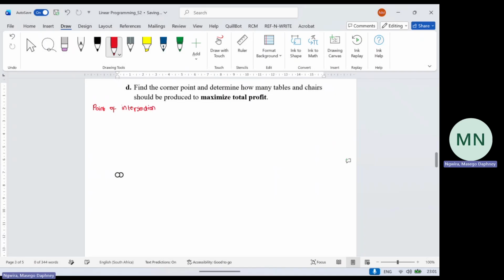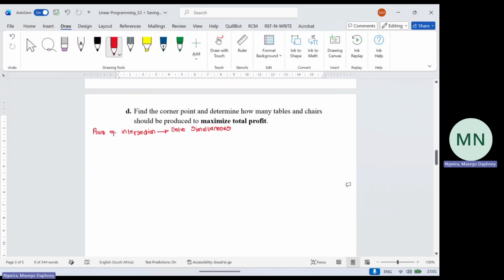For us to find this point, we have to solve simultaneously. Those who did pure maths will understand, but you also did this in grade 9. We solve simultaneously, solving for two variables at the same time.